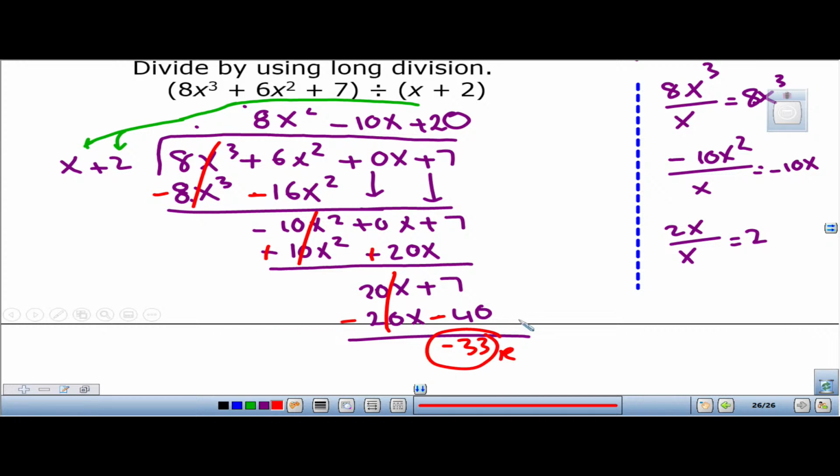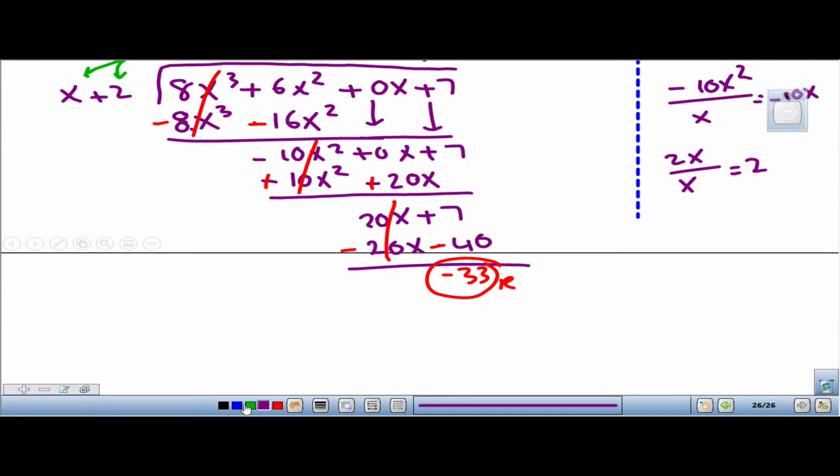So basically, the answer for this one is going to be 8x squared minus 10x plus 20 minus 33 divided by the divisor. As simple as that. So that will be, again, a negative 28. Somebody give me the answer. Negative 28 what? Is that right?